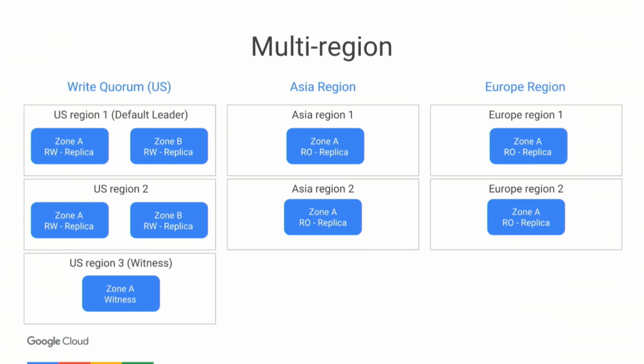So what that means is we have the write quorum in the US spread across 3 different US GCP regions, and an Asia region with 2 Asia regions, each having read-only replicas, and then a European set, which has 2 replicas, both in different GCP regions.